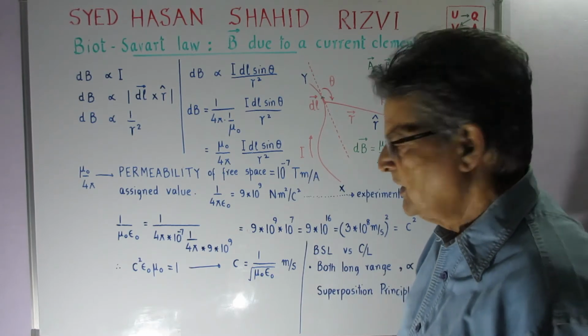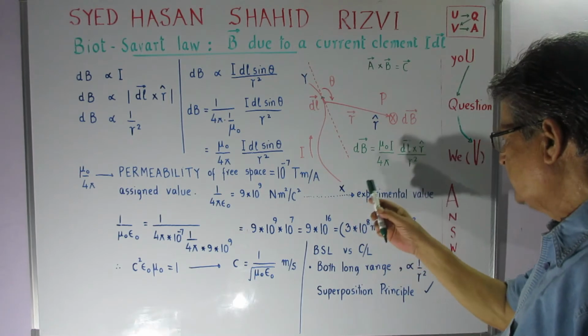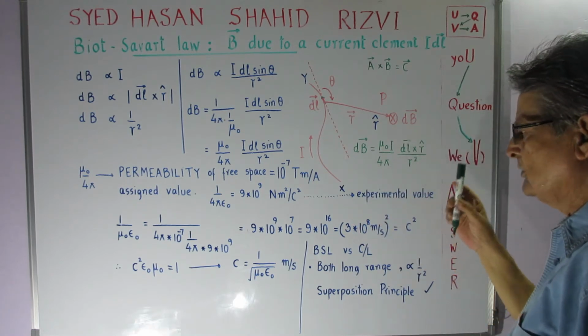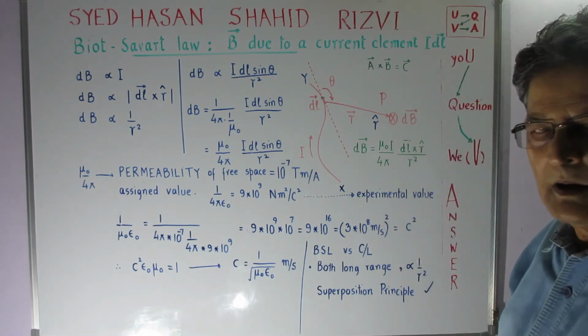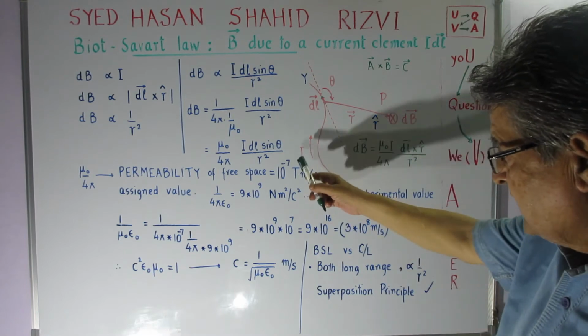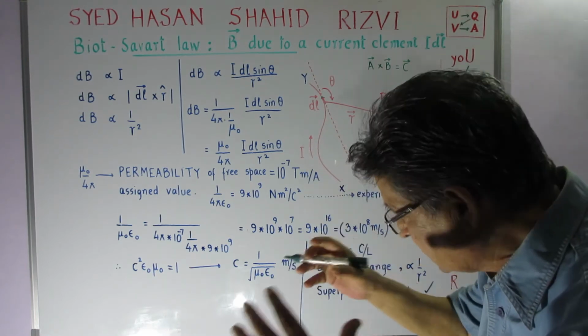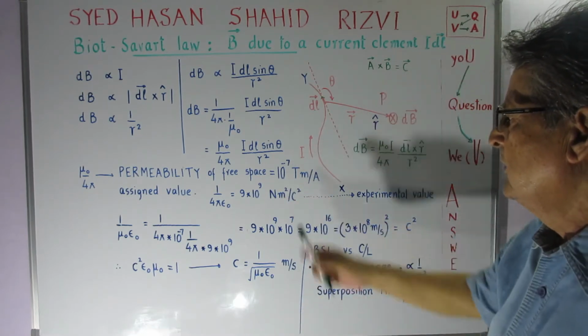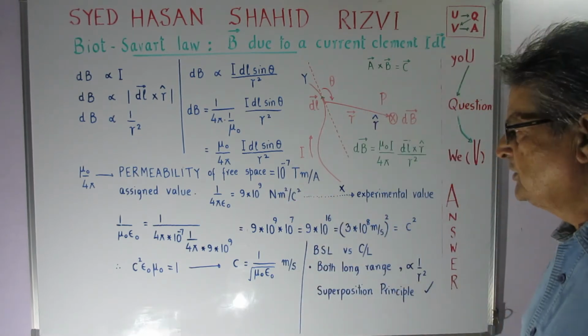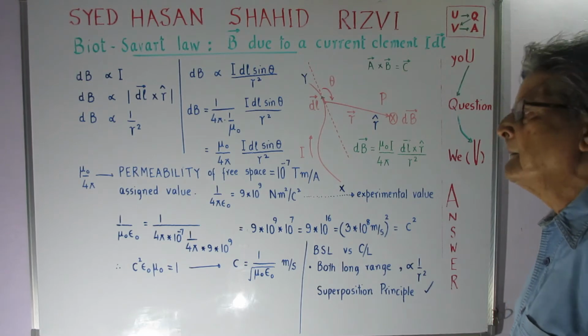What is this? This is an experimentally determined value. So the other value is an assigned value. When we put our heads together, we said we are going to take 10 to the power of minus 7 Tesla meter per ampere.